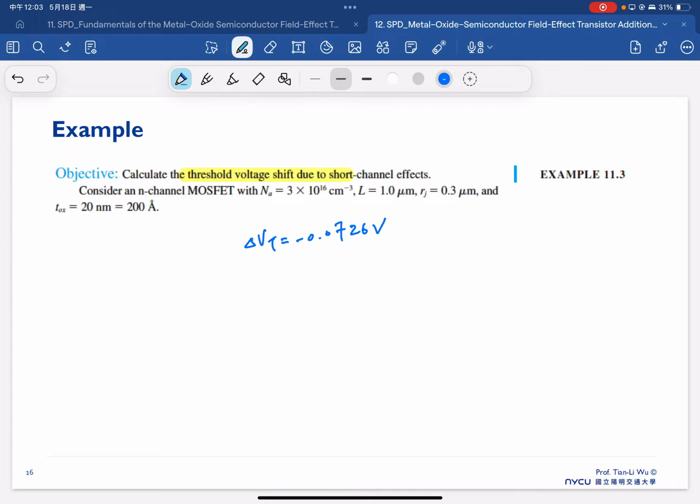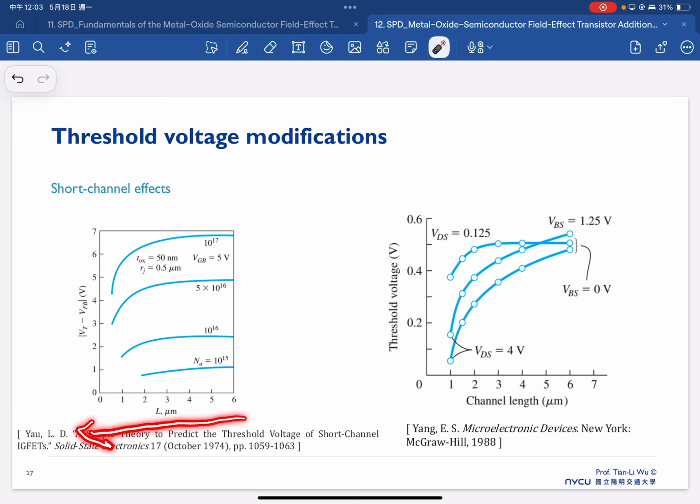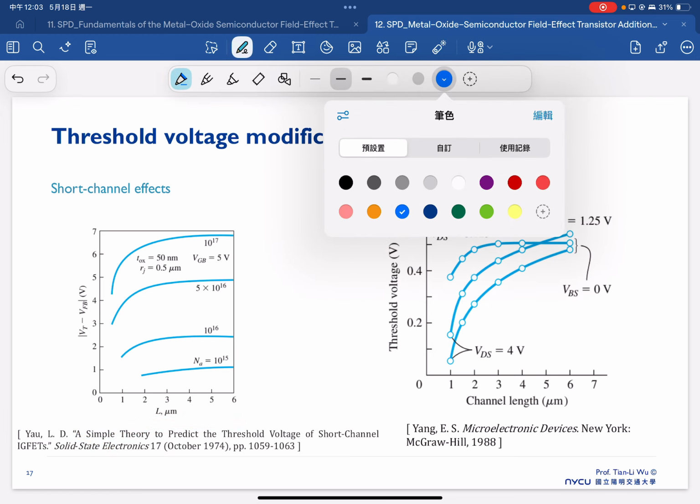But the most important characteristic phenomenon you have to know is about this figure, because the left hand side is a very typical classical characteristic once we have the short channel effect. Once we reduce the channel length from 5 to below 1, we see the threshold voltage will reduce.